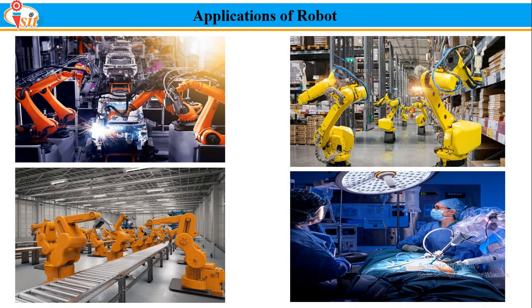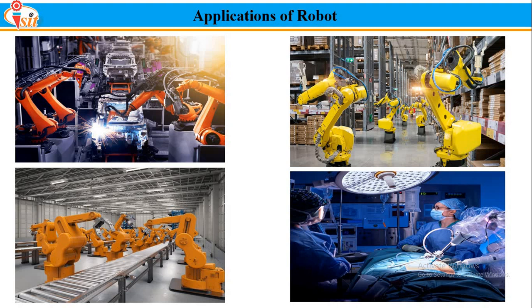So these are some applications of robots. The first picture shows the robot doing spot welding or welding type of work in the automobile sector, line assembly. The second application is in industry.